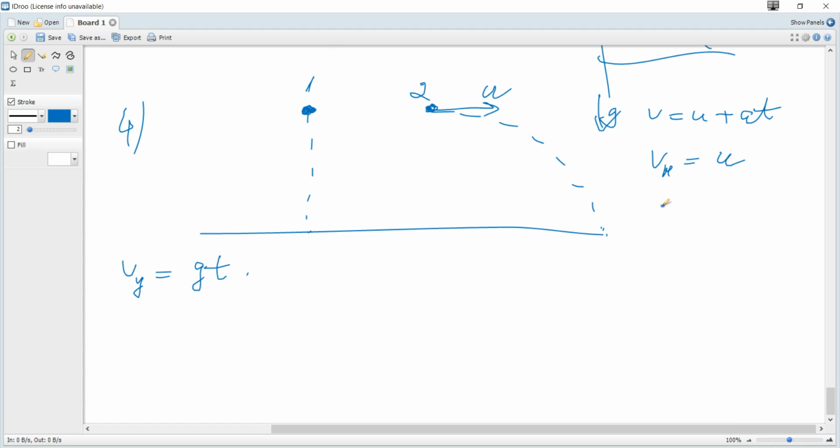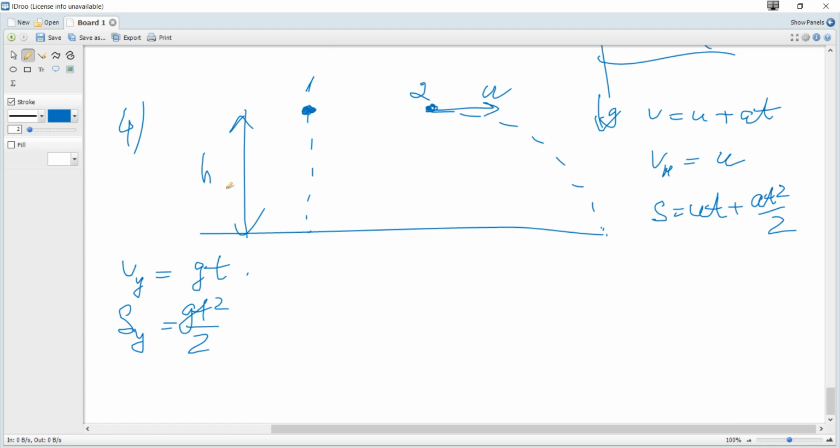And if we consider displacement s, it's ut plus at squared over 2, and for vertical displacement it's again 0 because u is 0, and gt squared over 2. But there is the same height, hence the same vertical displacement, so the time of travel is the same.